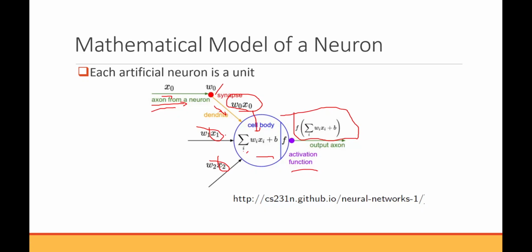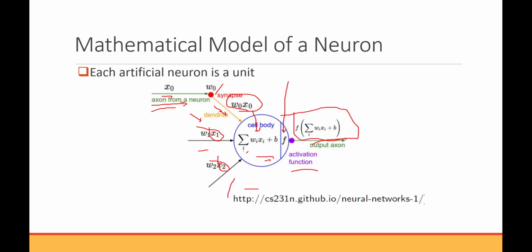Which means all the information this neuron receives via its multiple dendrites gets multiplied by its corresponding synaptic strengths, the wi's. They get aggregated within the cell body and then non-linearly activated by the corresponding activation function, and the resulting output is something like this.